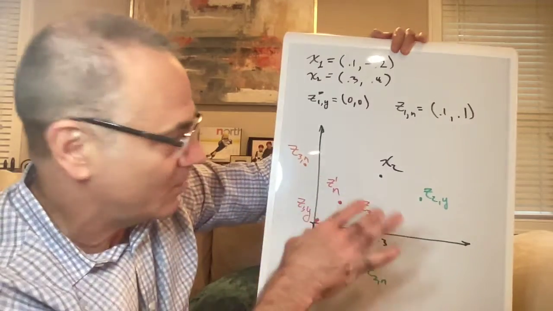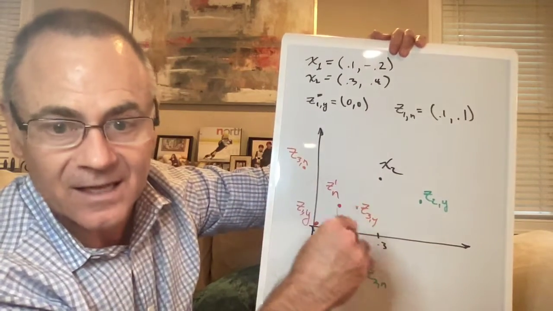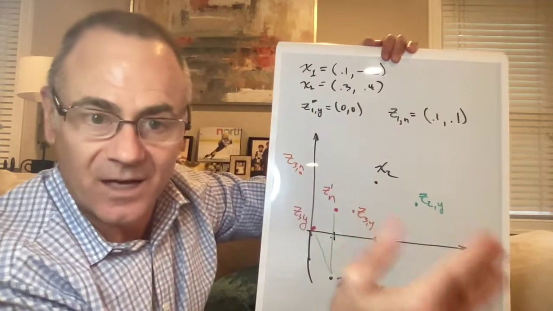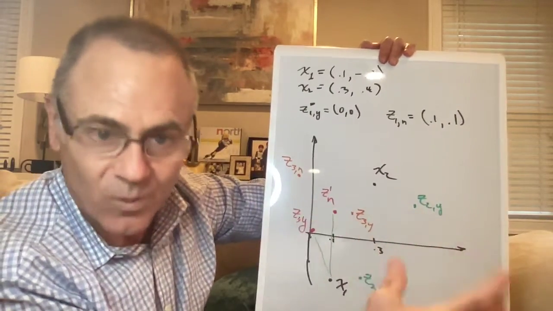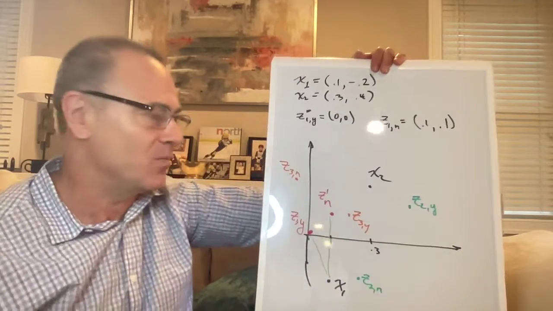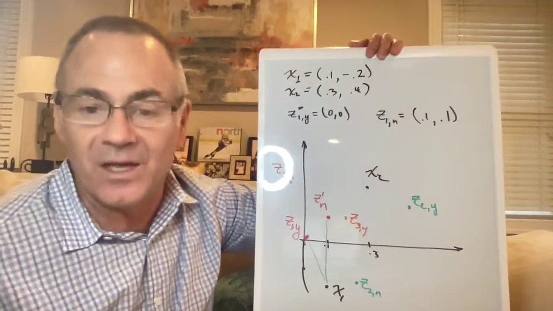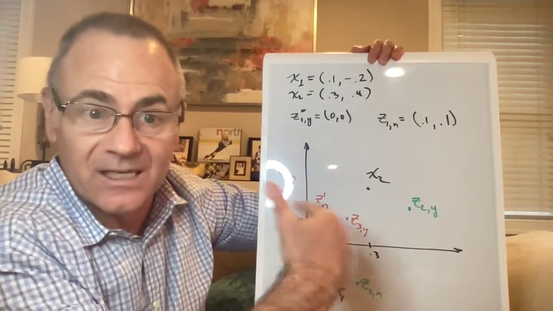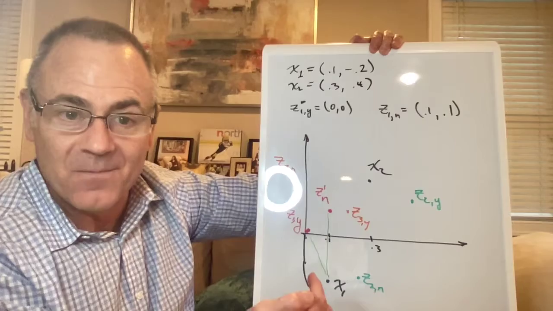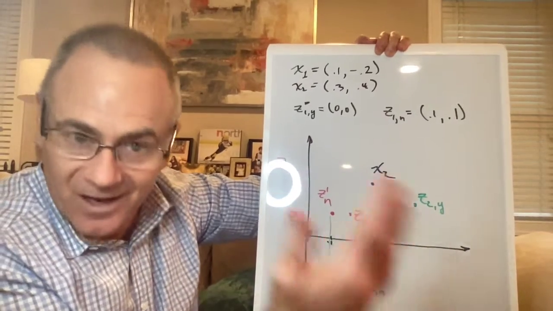I said, can you tell me a new set of X's and a new set of Z's that also maximize the likelihood function, that do just as well, that will keep the likelihood function at the same value? The answer is, if you can tell me a new set of X's and a new set of Z's that keep all these distances the same, that works, okay?